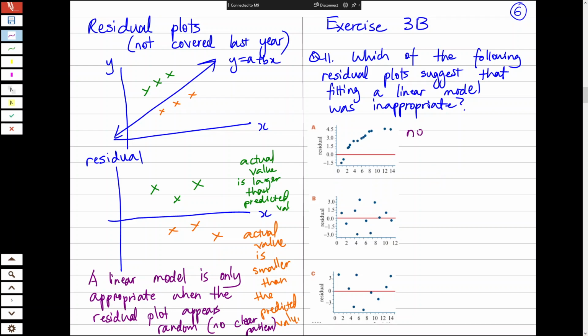It's not random, there's a clear pattern. So should we fit a linear graph to this data? It's curved, so no, right? But also because the residual plot does not look random. So I'll say inappropriate.